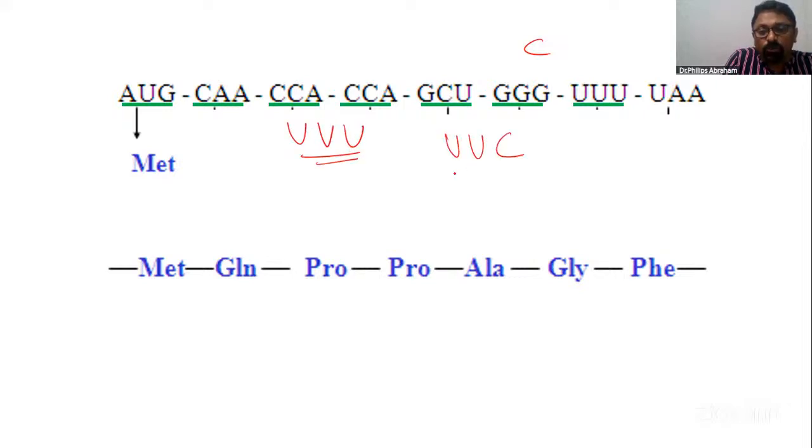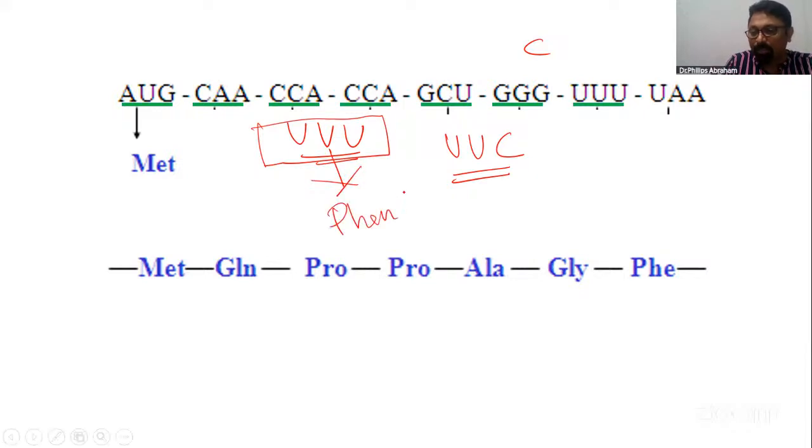UUC also phenylalanine. So if there is UUU, it codes only for one amino acid, phenylalanine. So we use another property of codon, unambiguous. No other meaning. Only one meaning.